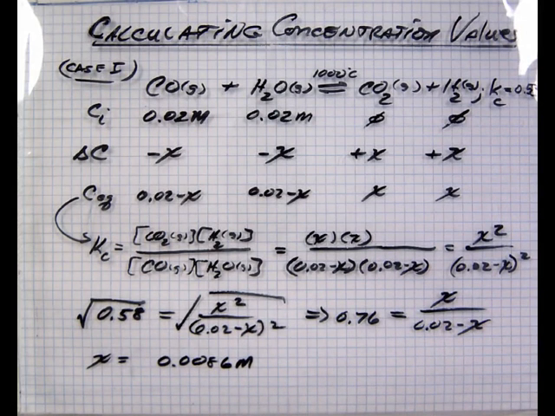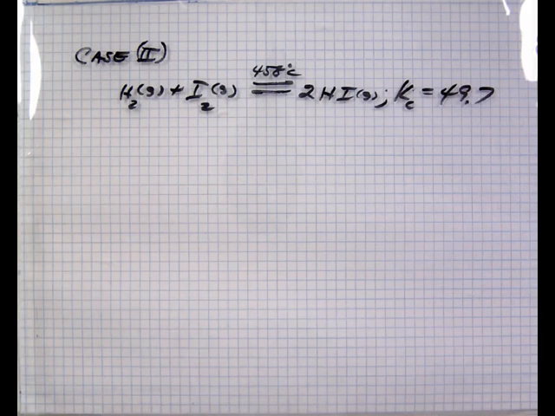But what happens when you don't get equal amounts of reactants going in? In this case, we have hydrogen, molecular iodine at 458 degrees producing 2 moles of hydrogen iodide, and you're given a Kc value of 49.7.